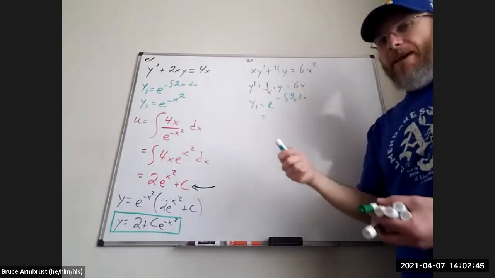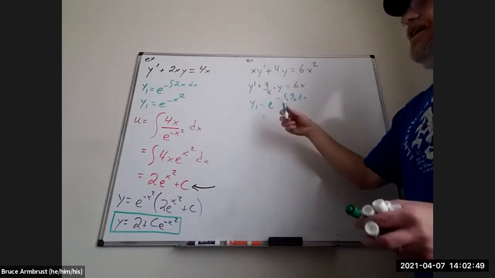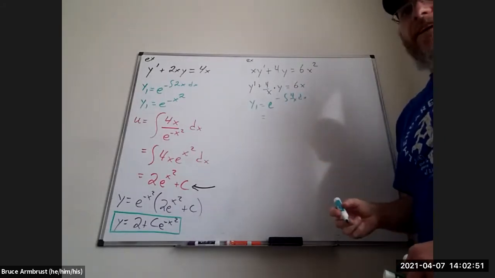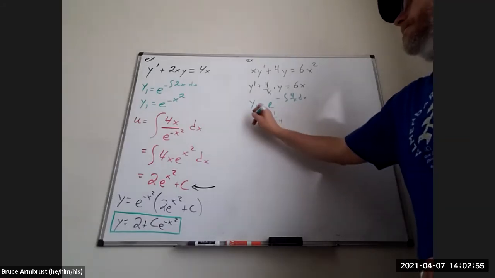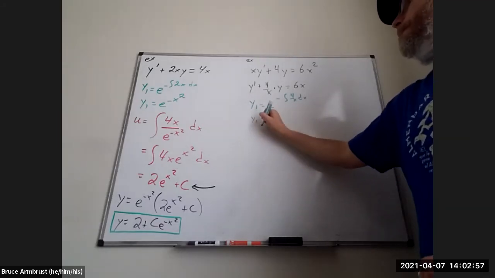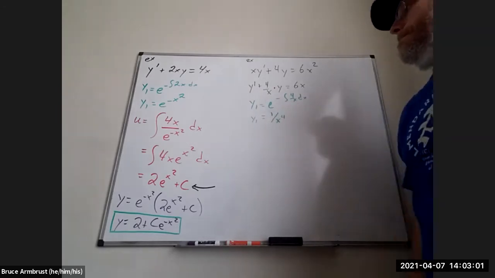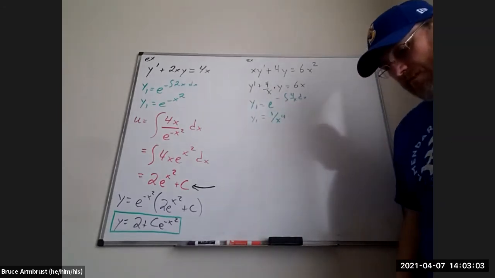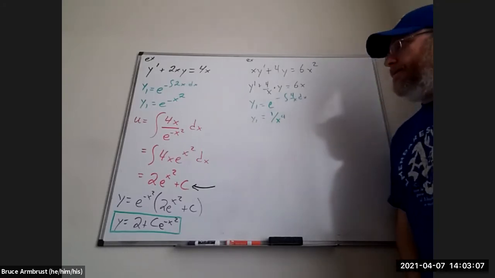This was another one that we actually already did. So once you do the integral, get the log, and use the rules of logs and all that good stuff, this ends up being 1 over x to the 4th.